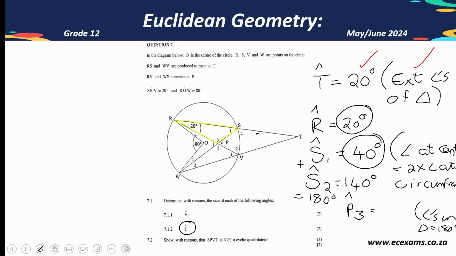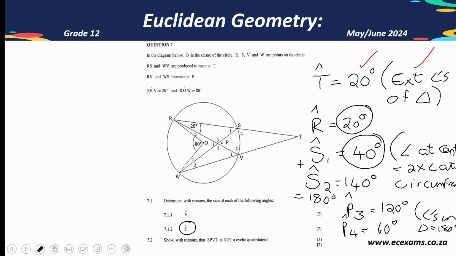My maths is telling me that if I add 40 and 20, I'm ending up with 60, which means that angle P3 is equal to 120. Which means that angle P4, and here is all our space disappearing, our angle P4 is going to equal 60 degrees. Okay. So we keep looking and we say, does that really help me in any way? Let's have a look. Not really.